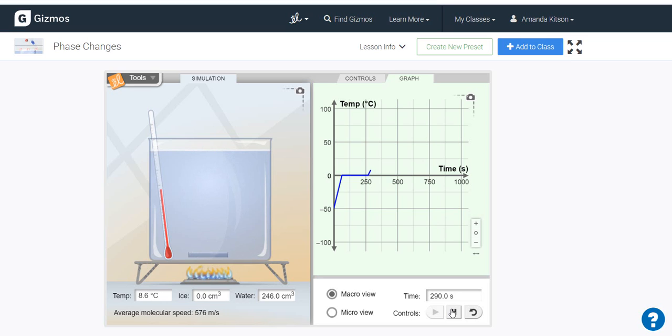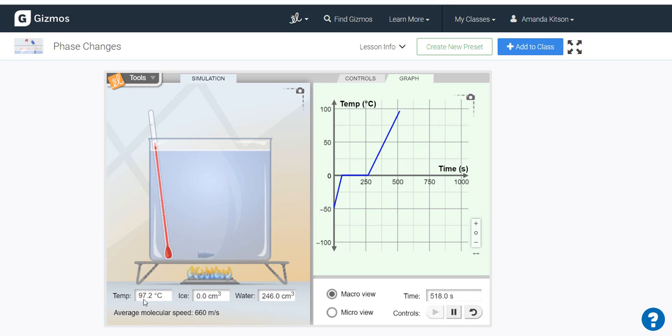And at that point, once the phase change is over, now we have just liquid water, the energy can be used to raise the temperature again. So that'll keep going. The temperature will keep going up. You can see the temperature of the water rising. It's liquid water. And when it gets to 100 degrees Celsius, it should boil, right? Or start to boil.